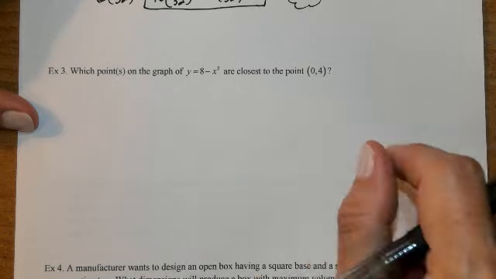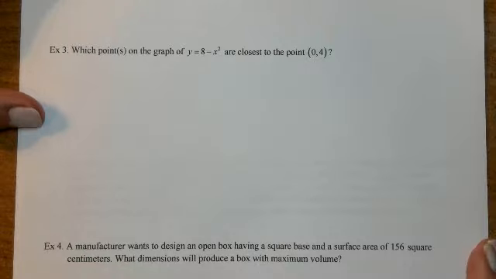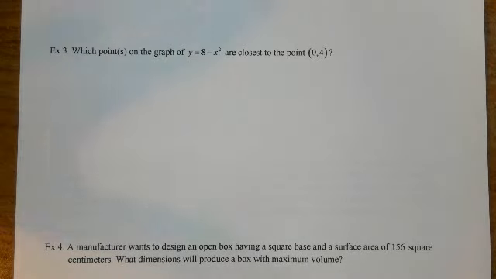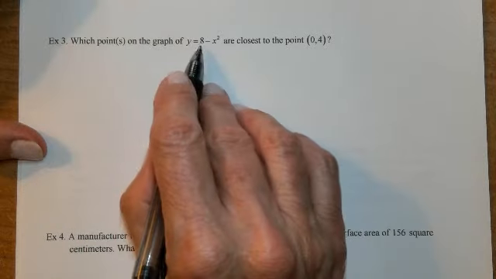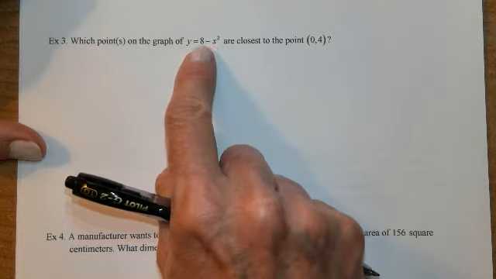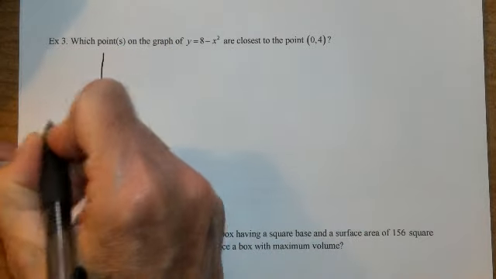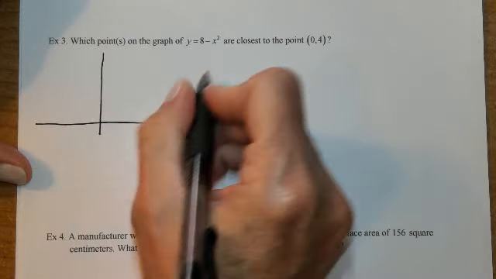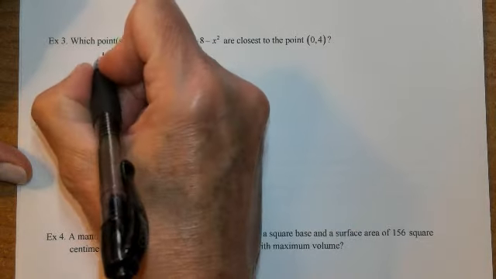Let's take a look at a picture. Well, let's draw our picture, okay? Sometimes it's convenient to draw a picture to make sense of things. So, I'm going to graph our equation, which is a very simple upside down parabola. When x is 0, y is 8.